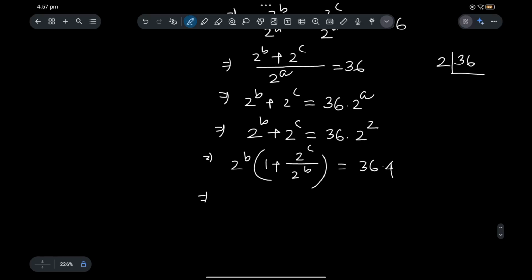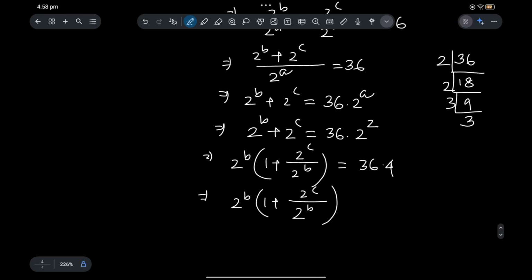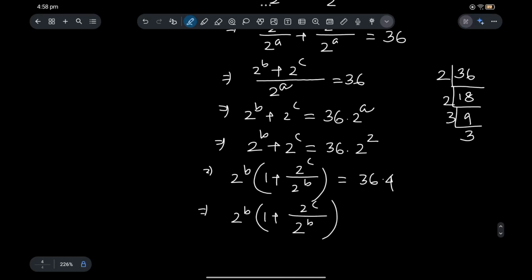That implies 2 to the power b into 1 plus 2 to the power c over 2 to the power b equals, we can write 36 as 4 into 9.